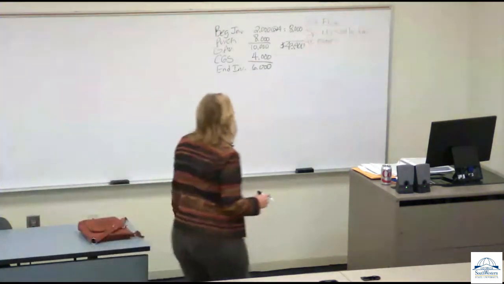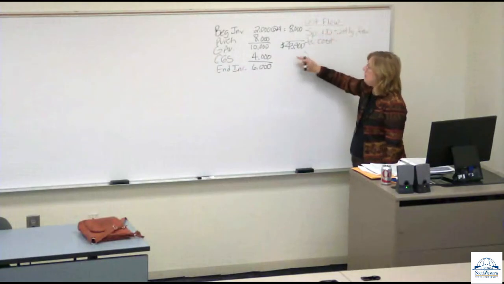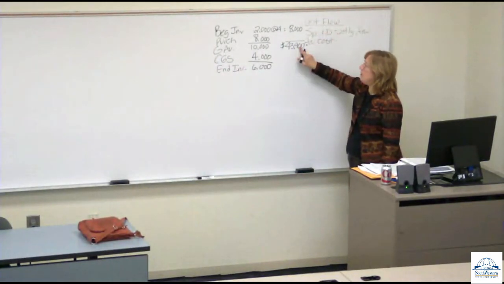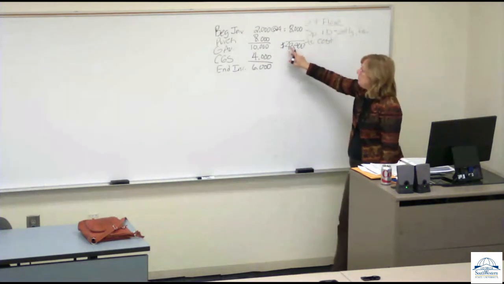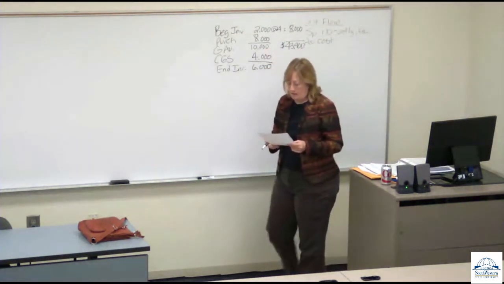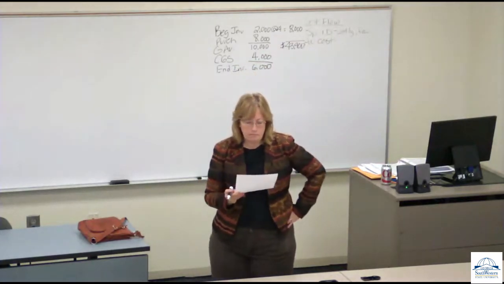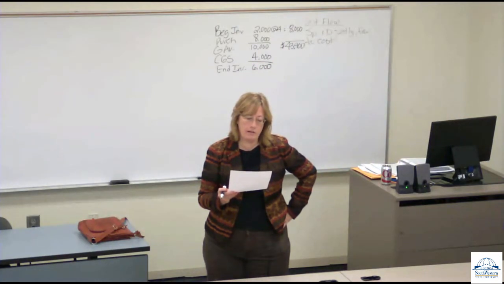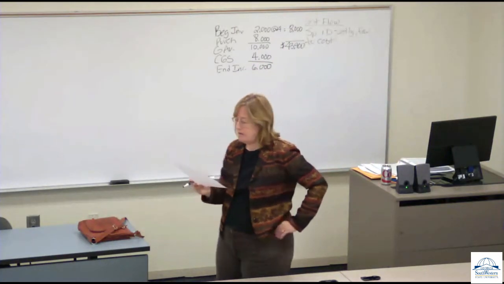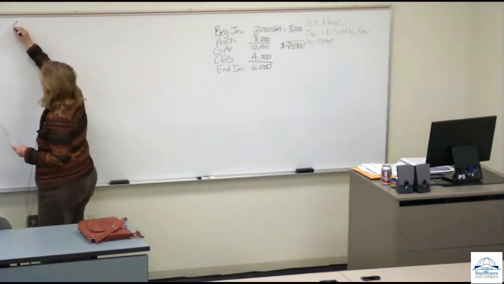No matter if we use specific identification or average cost, these two items are going to add up to 43,900. Those are our total goods available for sale, 10,000 goods. So now let's go through several different cost flow assumptions. The first one that we're going to do is specific ID.